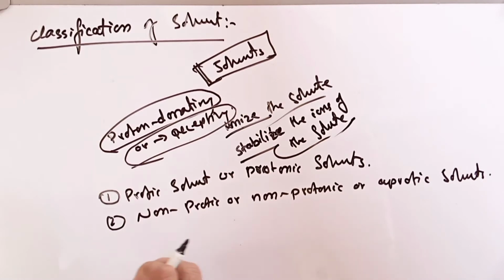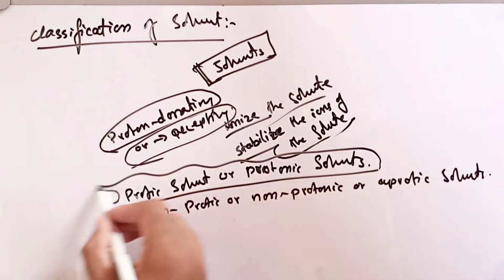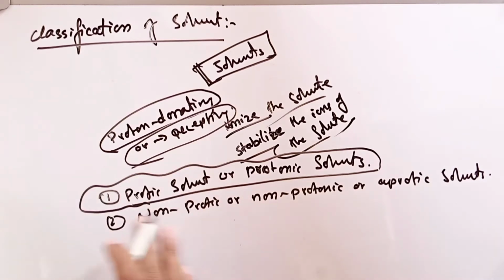First of all, I will explain what a protic or protonic solvent is, along with examples and the further classification of protic solvents. I will explain the protic solvents in great detail.